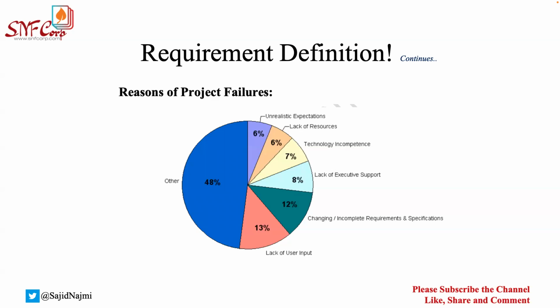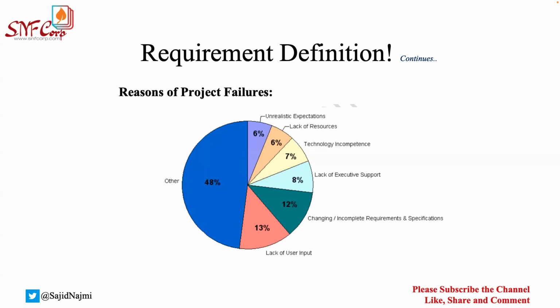Technology incompetence. As I said, probably my company has an old Visual Basic kind of development model, the technology, but the market is evolving. Now we need programs to be written in Java so that they can work on any platform. But my company doesn't have Java competencies. So what will happen?